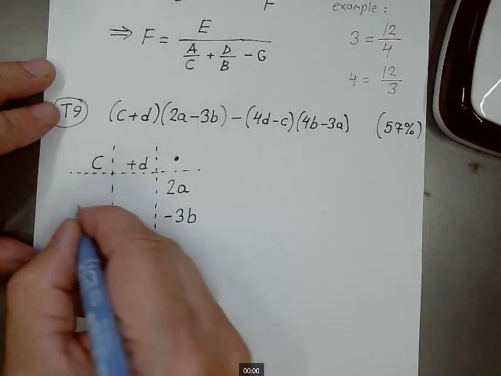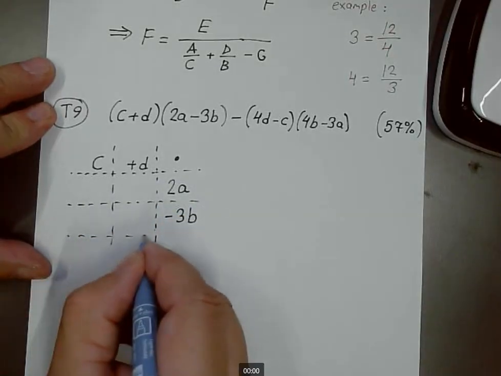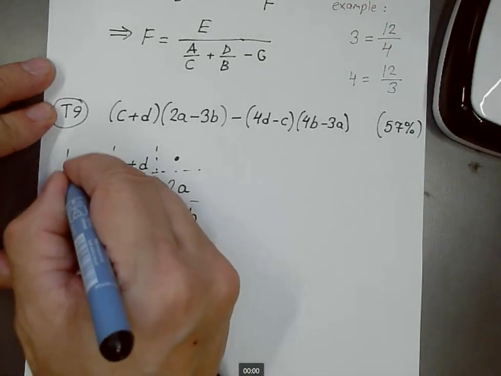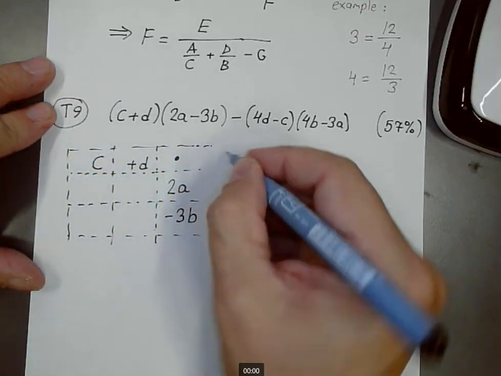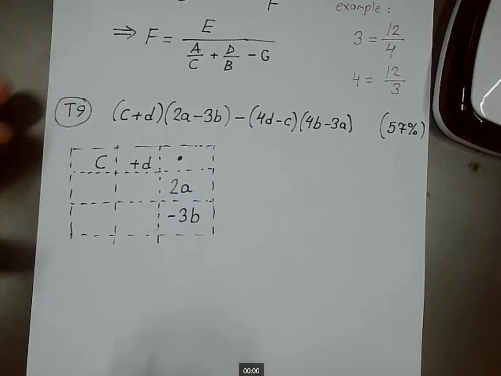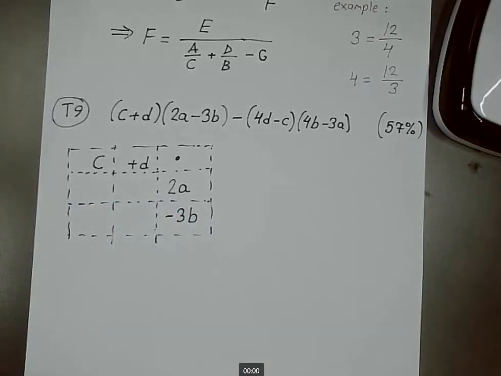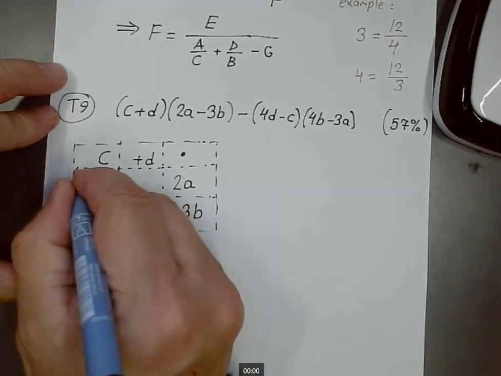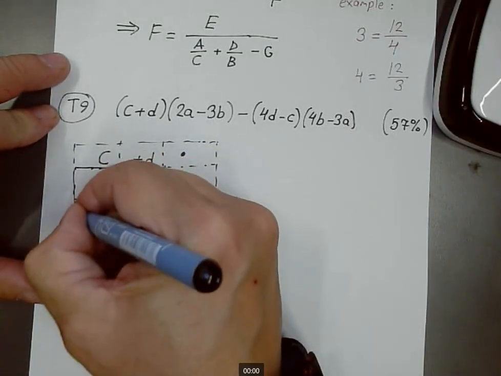And in this table we have places where we can write the multiplication result. You probably have some sheets where you have these squares ready, but I have to write them myself. And the result will come in this box here.